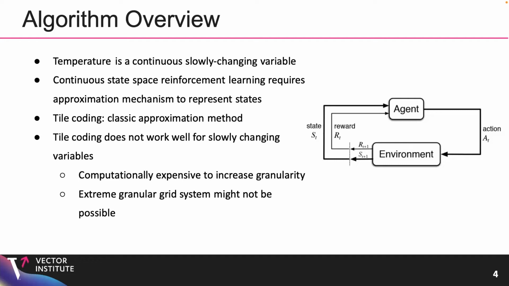However, for slowly changing variables like the temperature, this approach can lead to situations where an action results in such a small change in the subsequent state observation that no discrete state transition has actually occurred. A naive solution could be to increase the granularity of this state space, but it would be computationally expensive or even impossible to establish an extremely granular grid system.